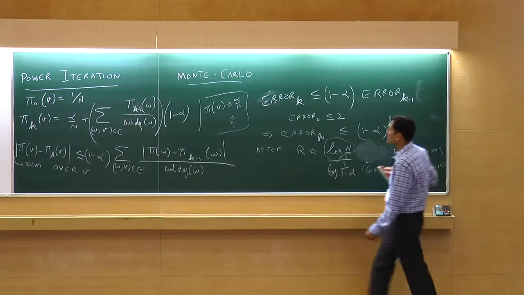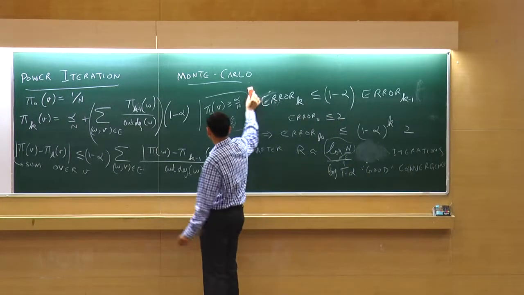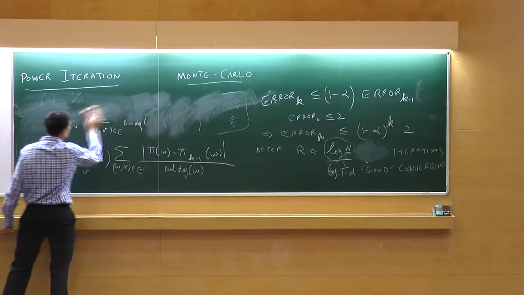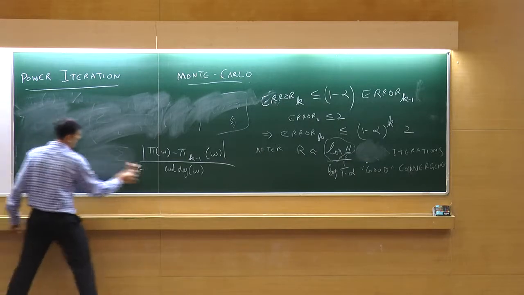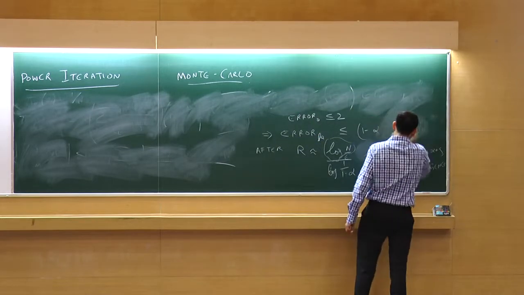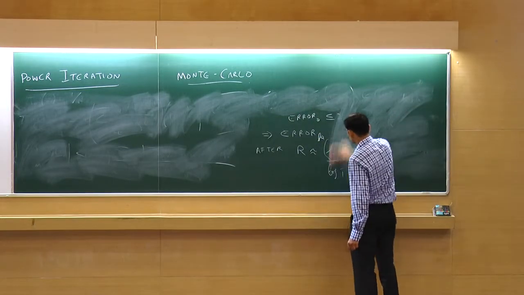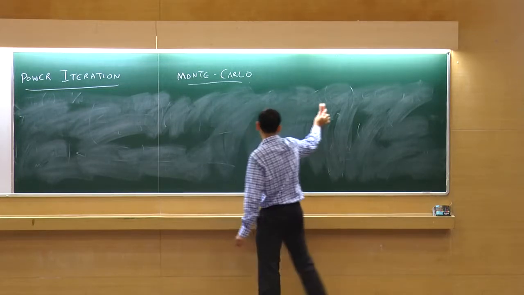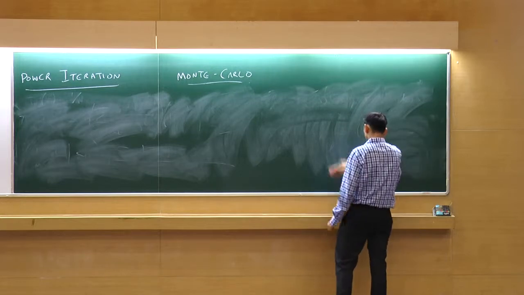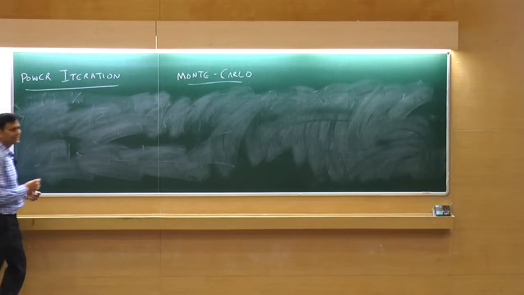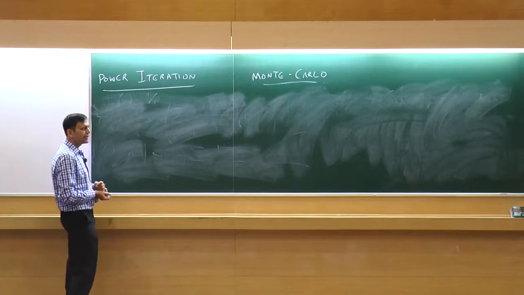Okay. The second approach is Monte Carlo. And Monte Carlo is basically what you would expect. You just simulate the page rank random walk, and the page rank random walk is very simple.